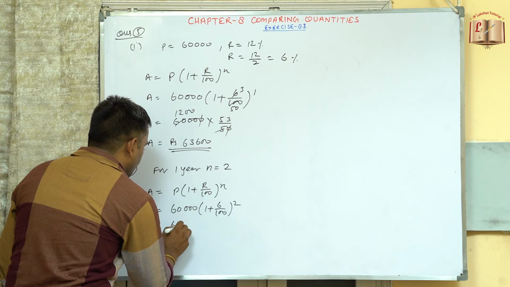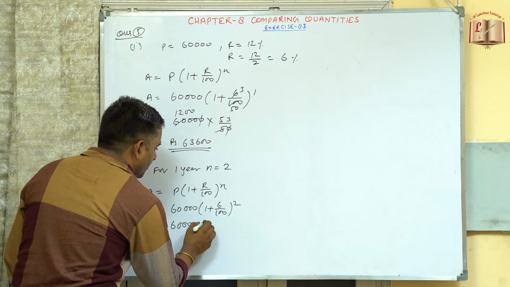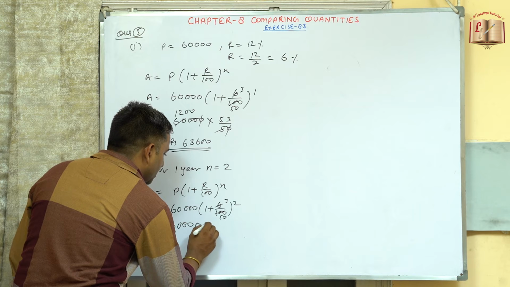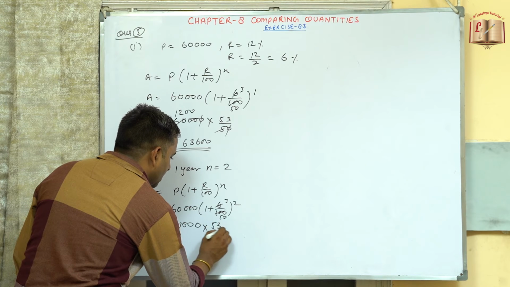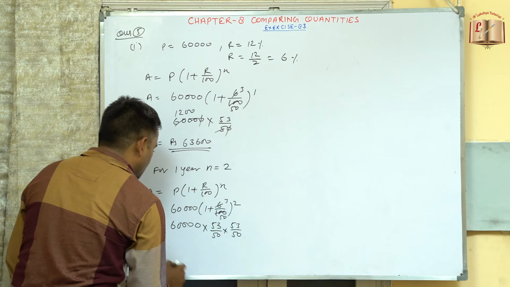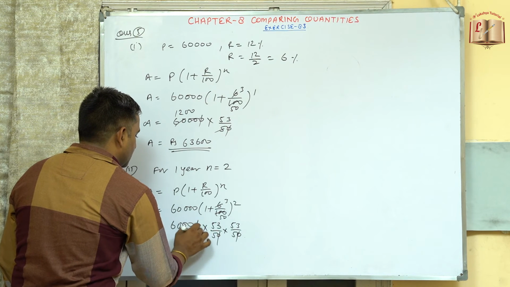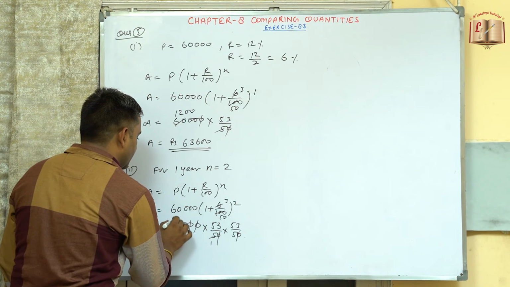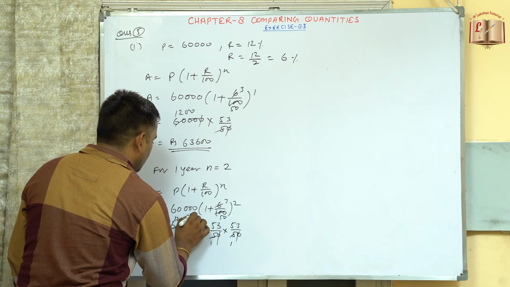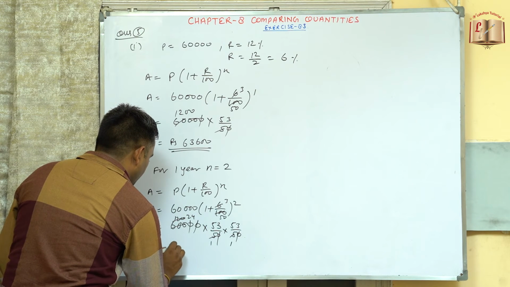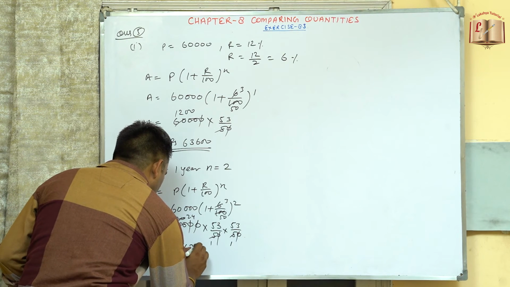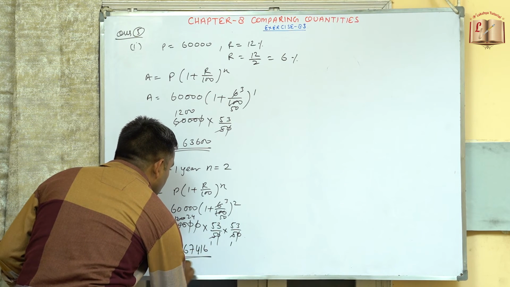So A will be equal to 60,000 and this will be 53 by 50 into 53 by 50. So zeros cancelled. So 5 times this is 120, then again 5 times this is 24. So we can multiply and get A equal to 67,416.